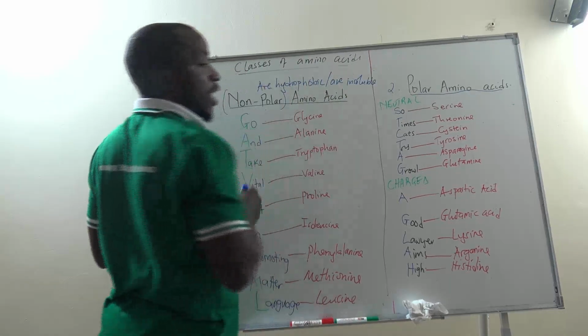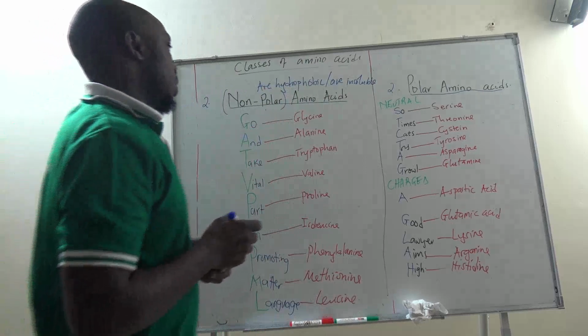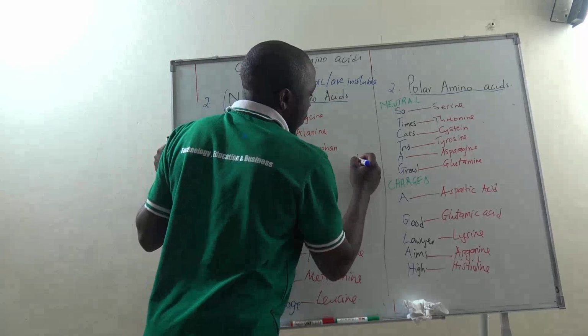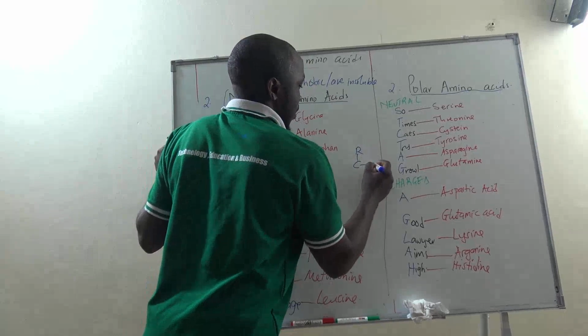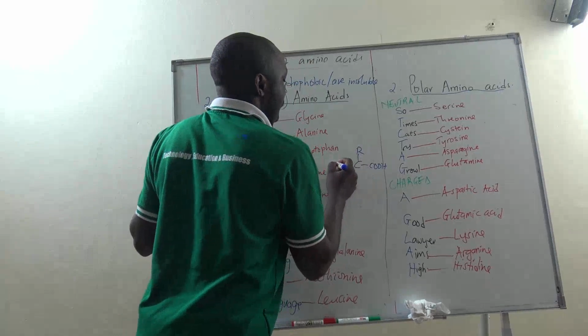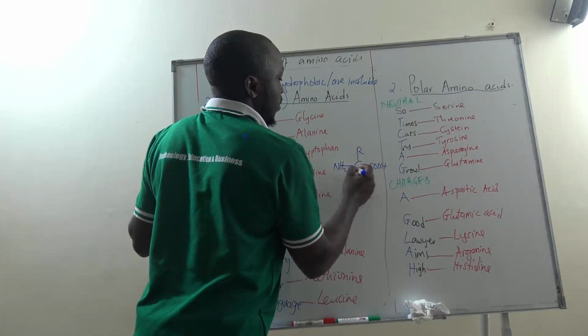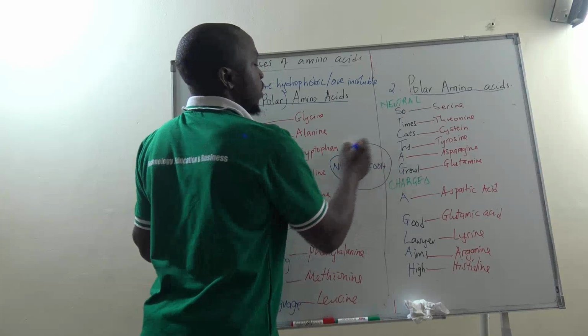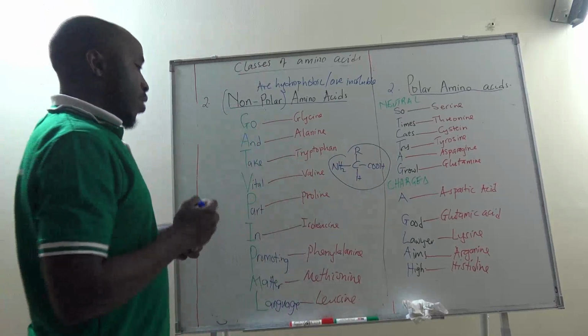They don't have polarizable groups. So the R group in the amino acid outweighs the ionizable groups, making the whole molecule non-polar.